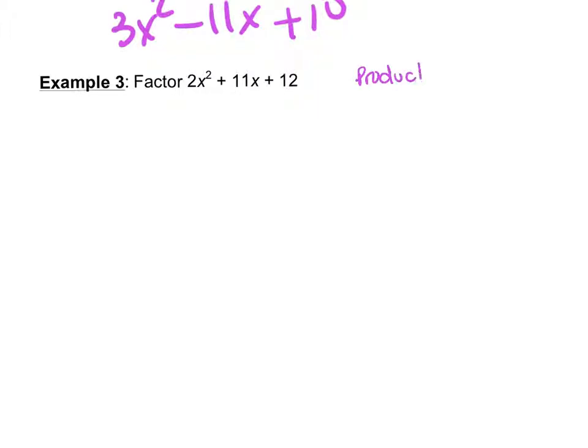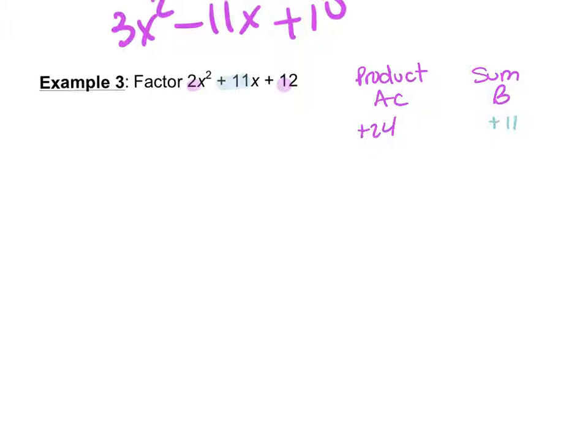Product of AC, and sum of B. So multiply to positive 24, that sums to positive 11.